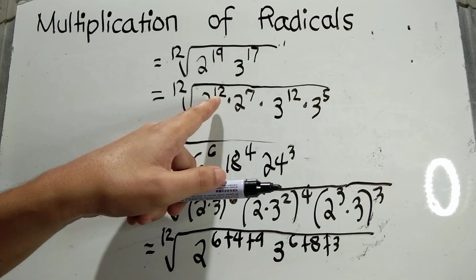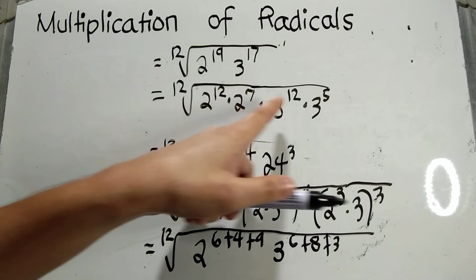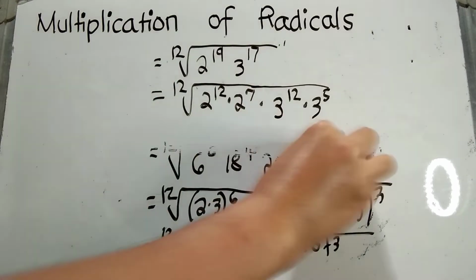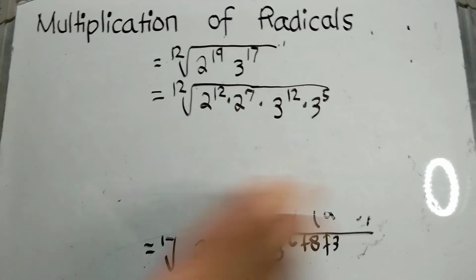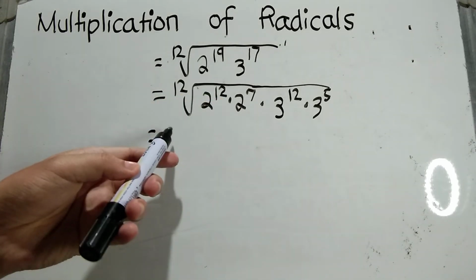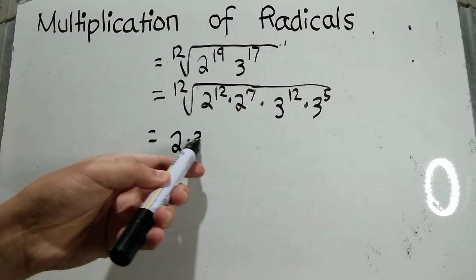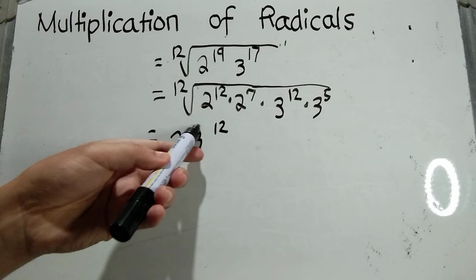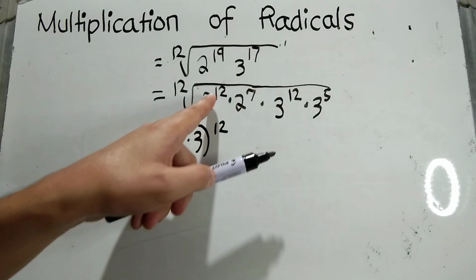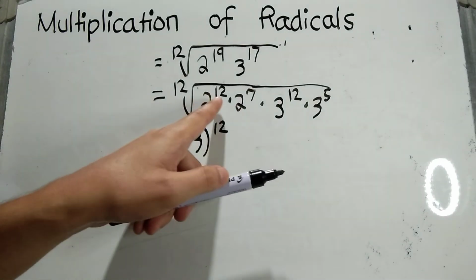Now, why are we having it factored as 12, 7, and 12, and 5? So that we can let 2 and 3 out from your radicand, and so in this case, it follows from our index. So let 2 and 3 out. And so this is now the 12th root. 2 times 3, we're letting out 2 to the 12 and 3 to the 12 because this is being cancelled.